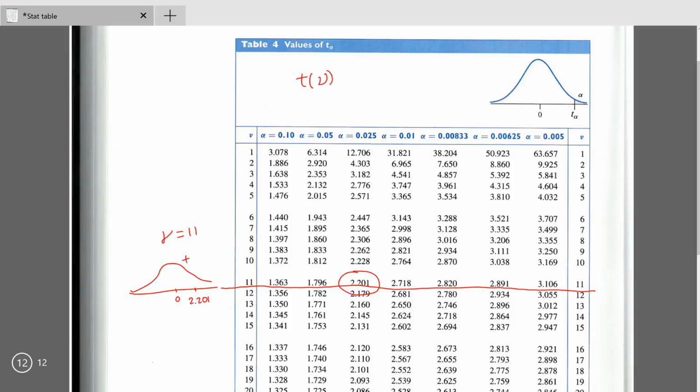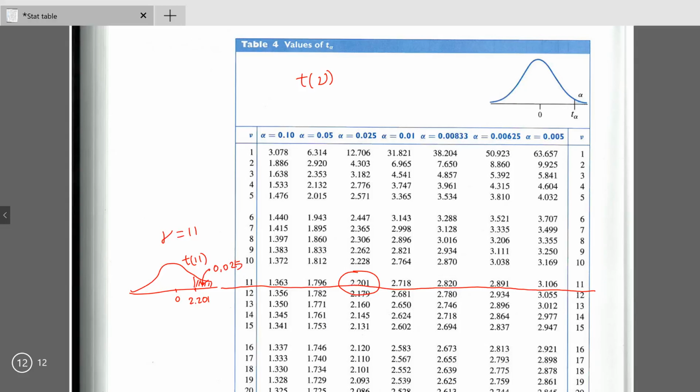This is the t distribution with degree of freedom 11. So 2.201 is the t alpha value, which means the area of this tail is 0.025. So far, so good.